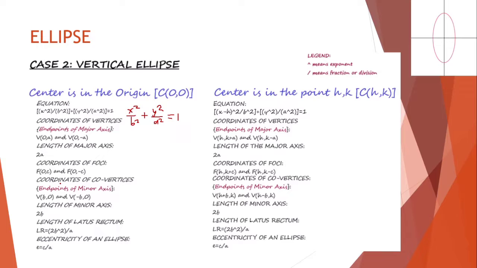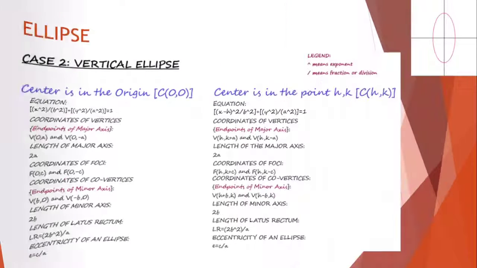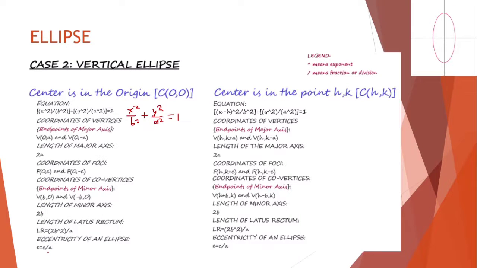The coordinates of the co-vertices, or the endpoints of the minor axis, are b, 0 and negative b, 0. The length of the minor axis is 2b. The length of the latus rectum is 2b squared all over a. That is the same as what I did in the video. Then the eccentricity, e is equal to c over a.